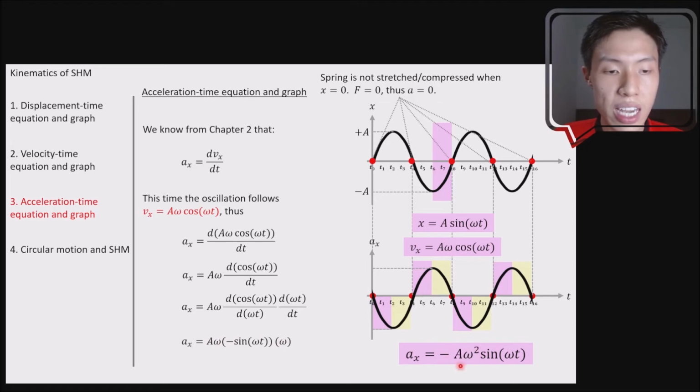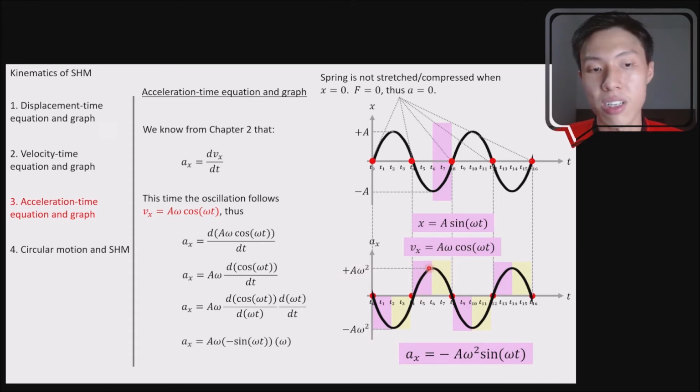So what you should put here is A omega squared, and because you know this is a negative sine graph, what you should put at this point and this point over here will be positive A omega squared and negative A omega squared. So A omega squared will be the maximum acceleration that can be achieved, and negative A omega squared will be the maximum acceleration that can be achieved in the negative direction.